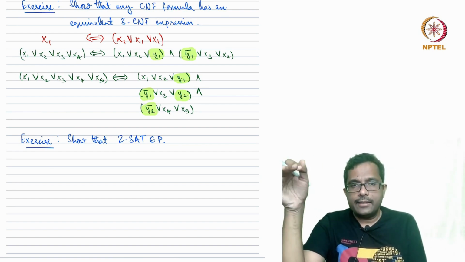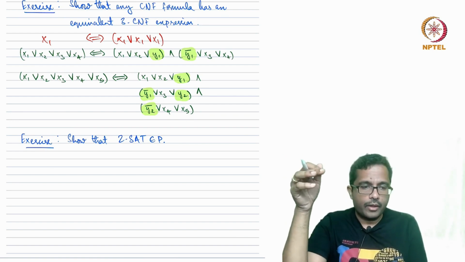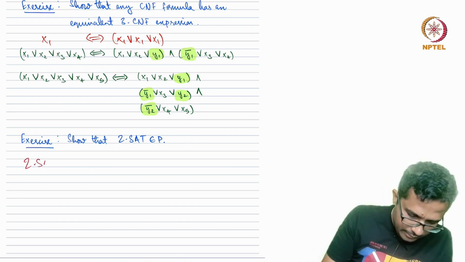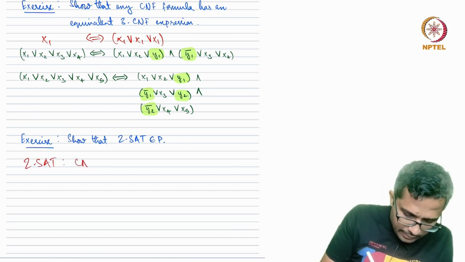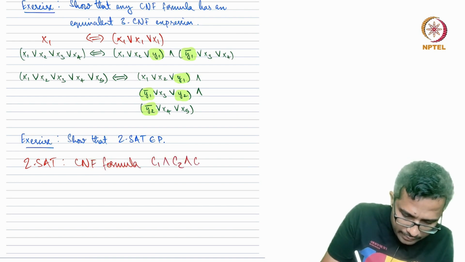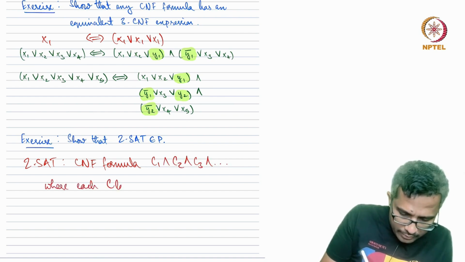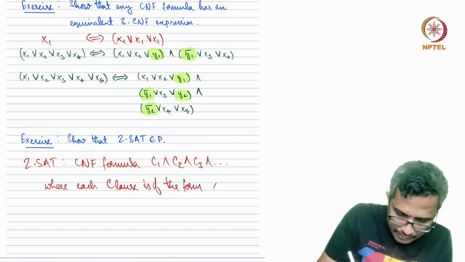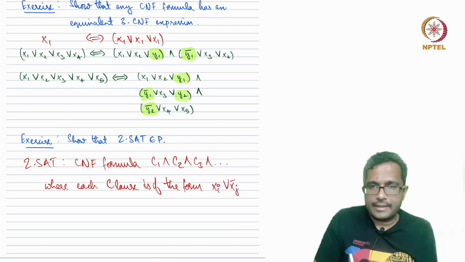It's a CNF formula, which is an AND of clauses C1 and C2 and C3 and so on, where each clause is of the form xi or xj, or xj complement or something like this.